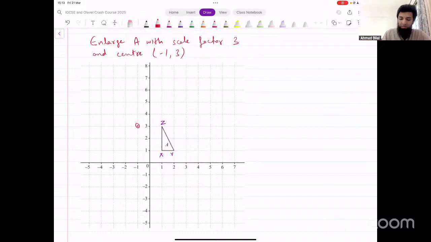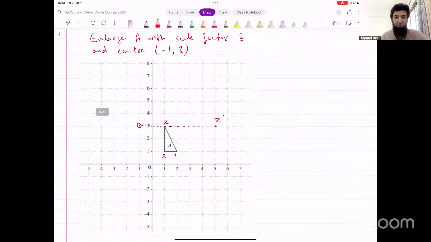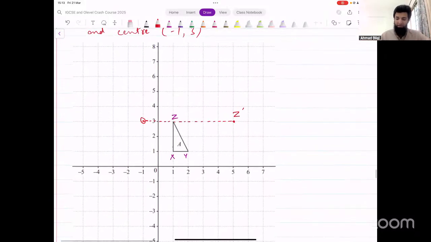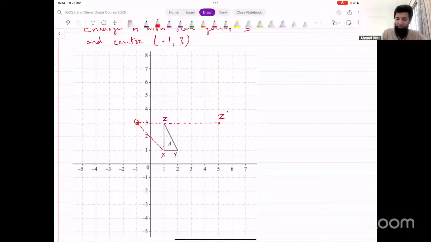So for example, the point Z, it is 2 units to the right. It gets multiplied by 3, so it becomes 6 units to the right. The point Z prime is going to be right here. Okay, that's the transformed point Z prime. Similarly, X is 2 units diagonally like this, or you could think of it using the vector form as well. It's 2 units right and then 2 units down, right?